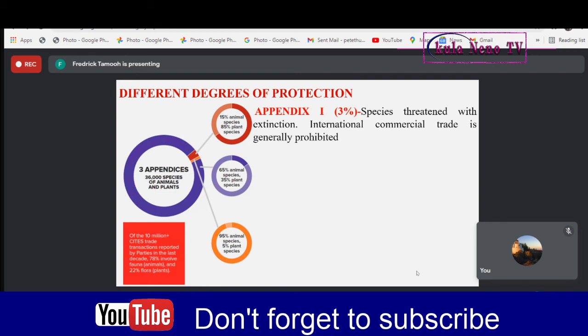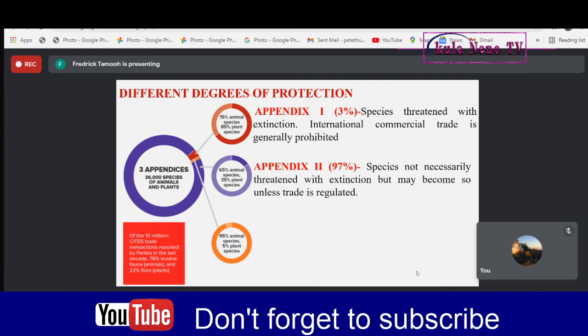Then we have species that have been listed in Appendix 2. This is where we have the majority of the species that have been assessed through CITES. These species are not necessarily threatened with extinction, but they may become so unless trade is regulated.